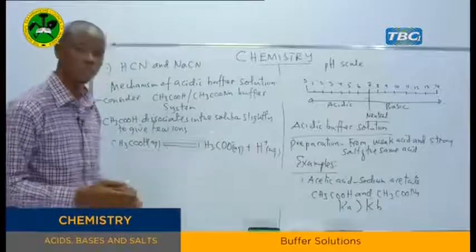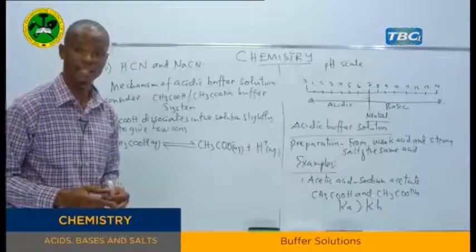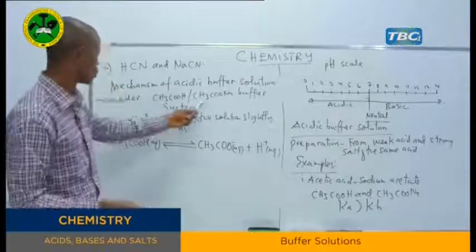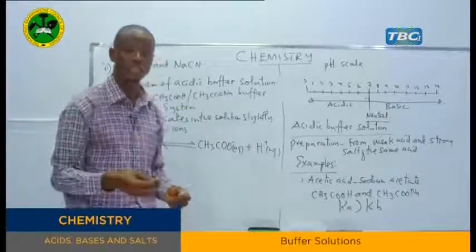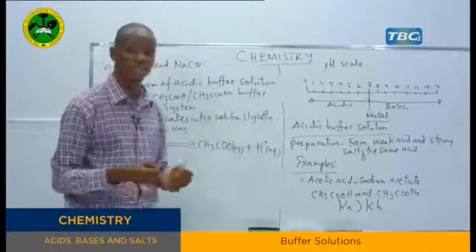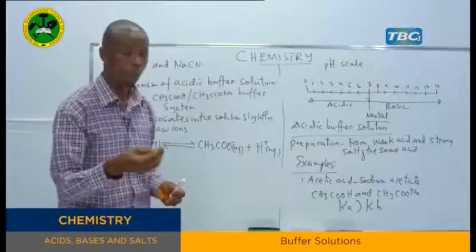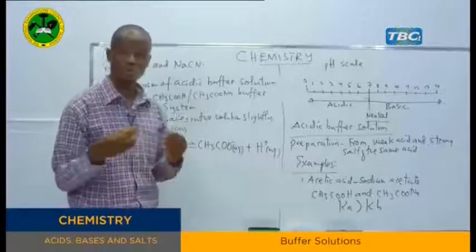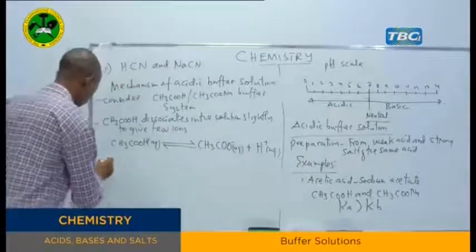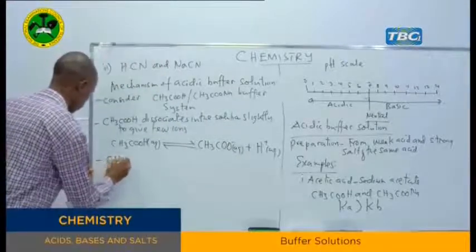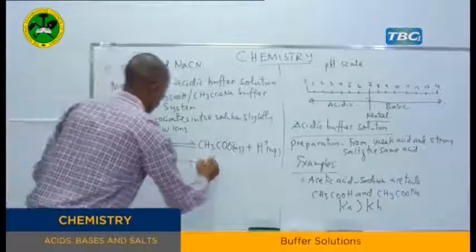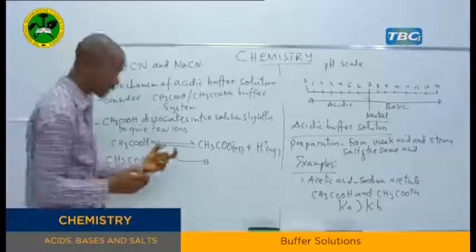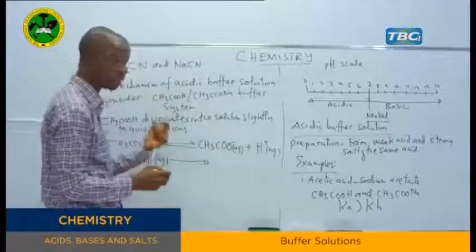Now, after this partial dissociation of the acetic acid, the strong salt, sodium acetate, will also dissociate in the solution. But the dissociation of this salt is complete. Why? Because this is the strong salt. It will dissociate completely to give acetate ions and sodium ions.